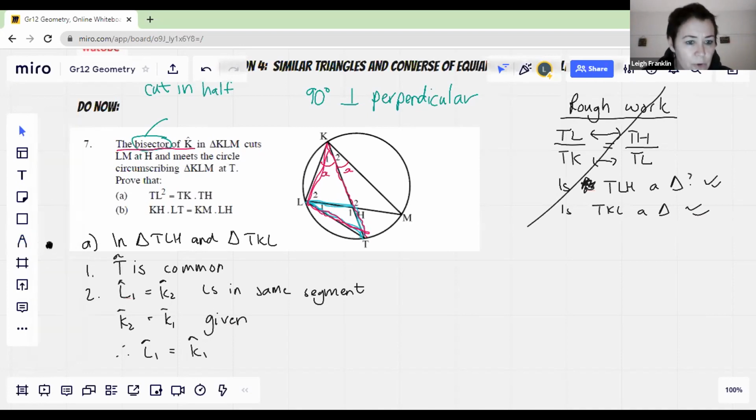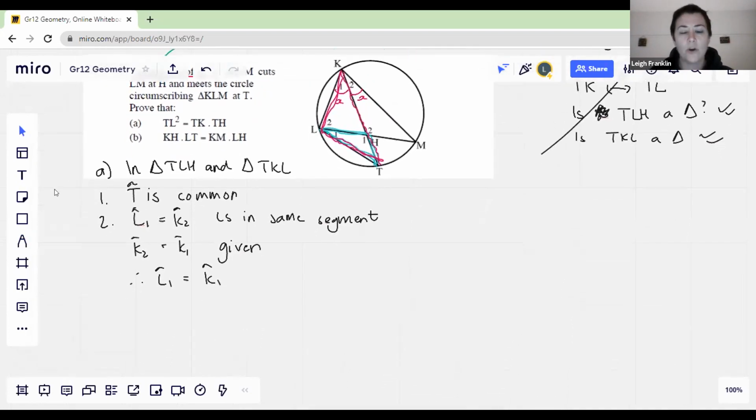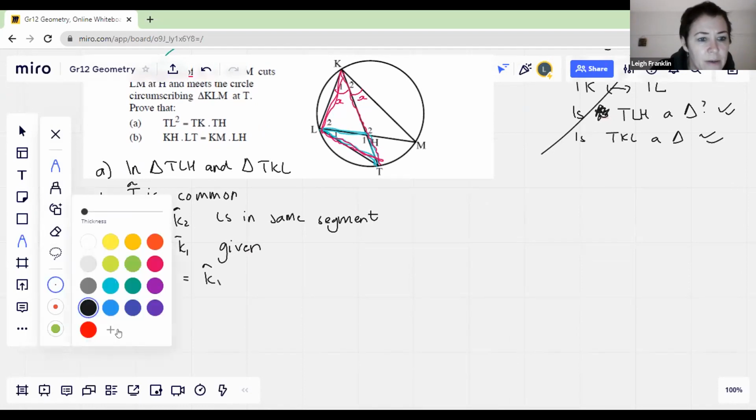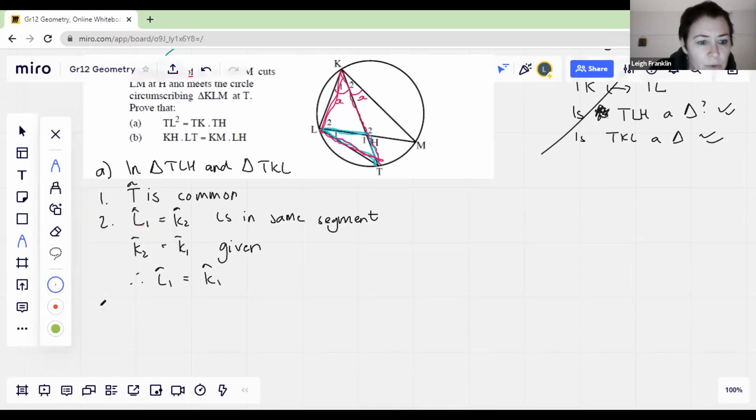Okay, so the remaining angles in this case are going to be angle H1. Let's just put that in. Okay, so third reason. Okay, is KLT, angle KLT, that's the whole angle, is equal to angle H1.